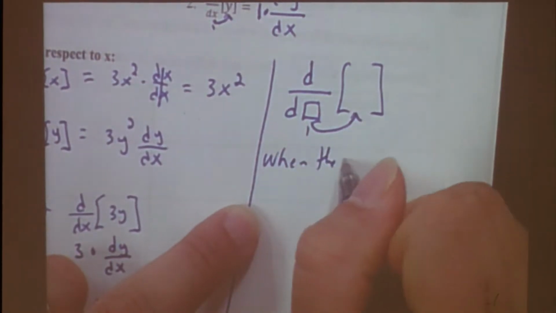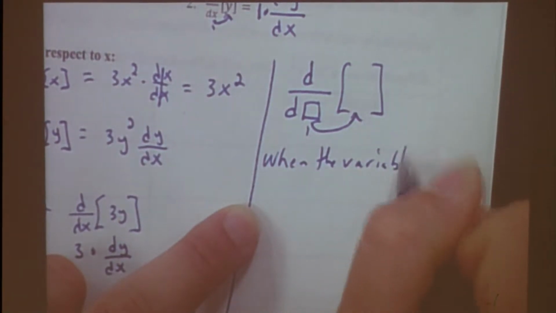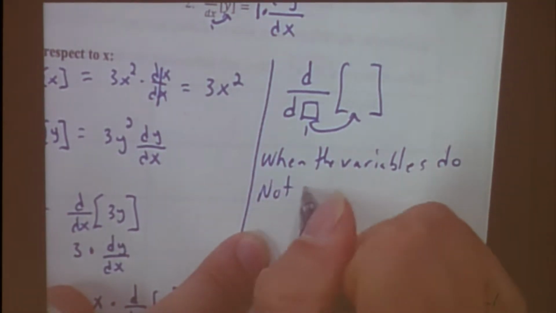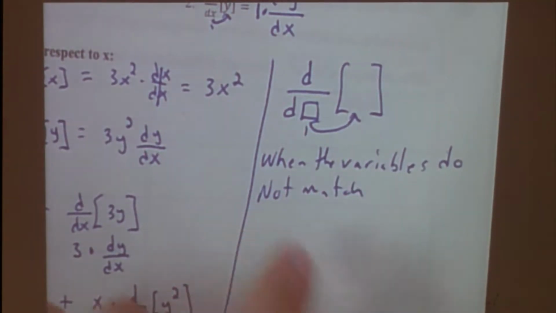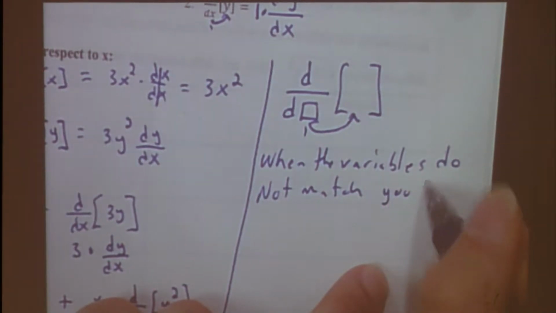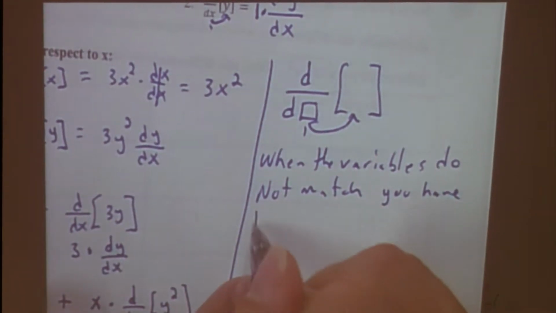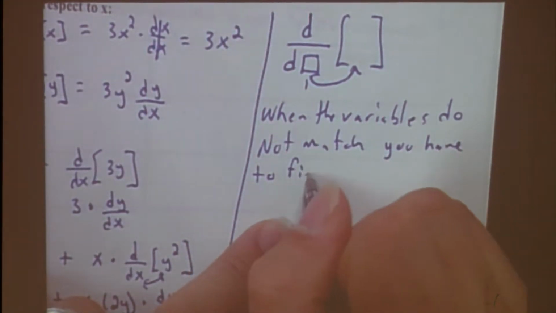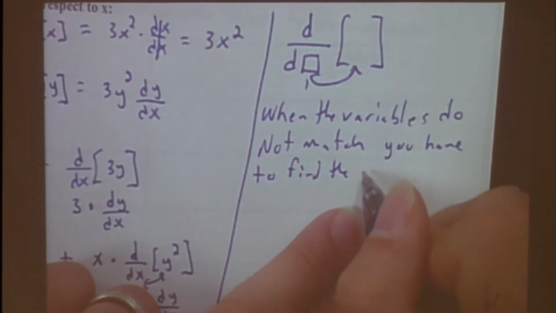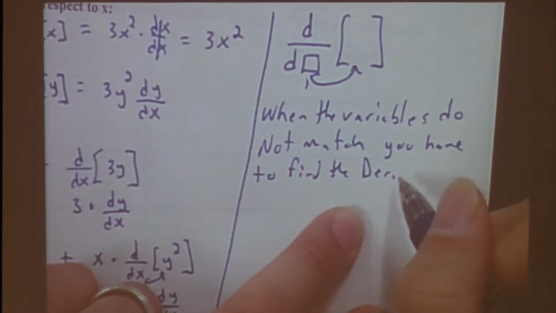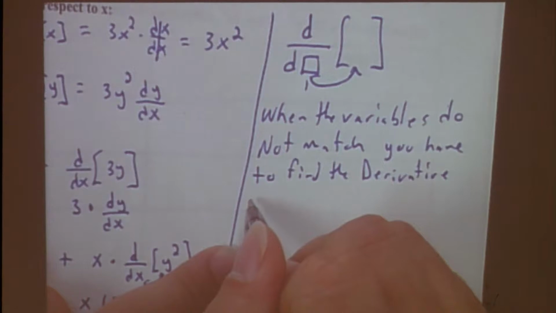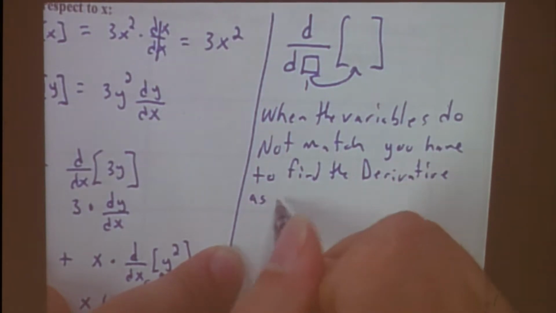When the variables do not match, you have to find the derivative I guess as normal.